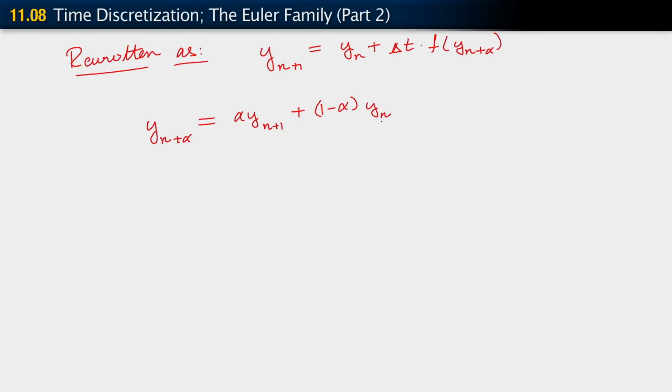So really, when you sit back and look at this Euler family of algorithms, what it is doing is to approximate our time derivative. We approximate the time derivative as a linearly varying quantity over every time interval.